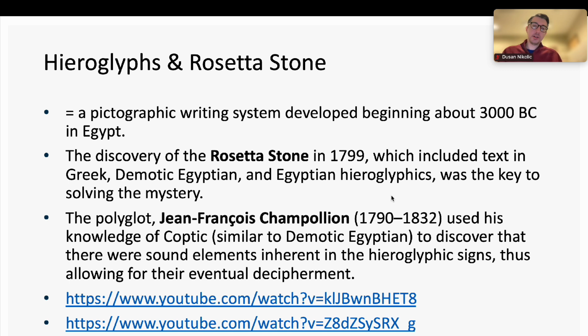And of course, Jean-François Champollion knew Coptic, so he helped translate this Rosetta Stone into Greek and into Demotic Egyptian, and therefore decipher what is meant, right?